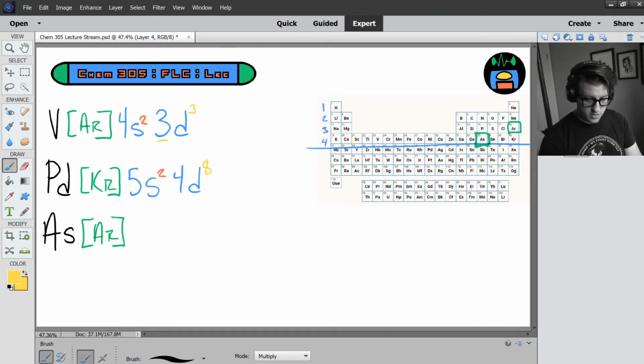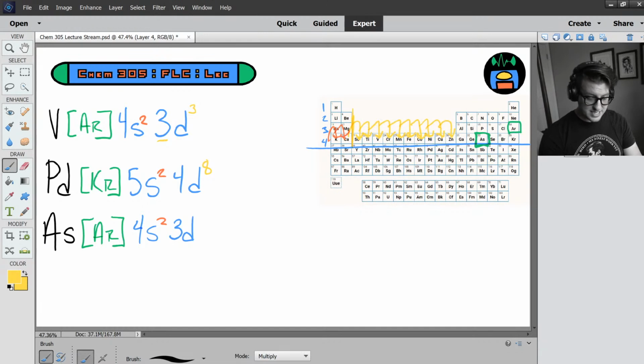And again, we've got to be careful because here we're crossing from the S block into the D block. So we go 1, 2. We've got a full 4s subshell. So that'll be 4s2. And now we're crossing over to 3d. And to get to arsenic, we have to move 1, 2, 3, 4, 5, 6, 7, 8, 9, and 10.